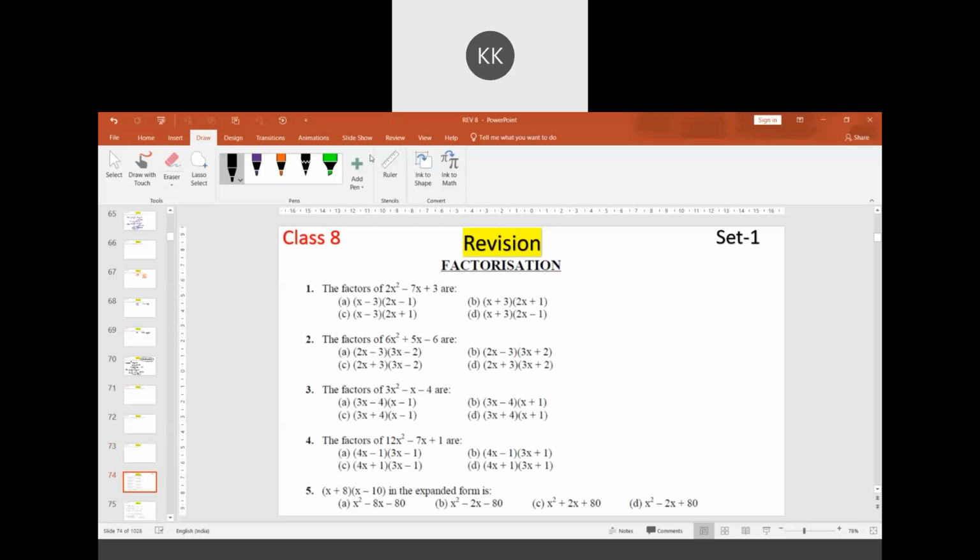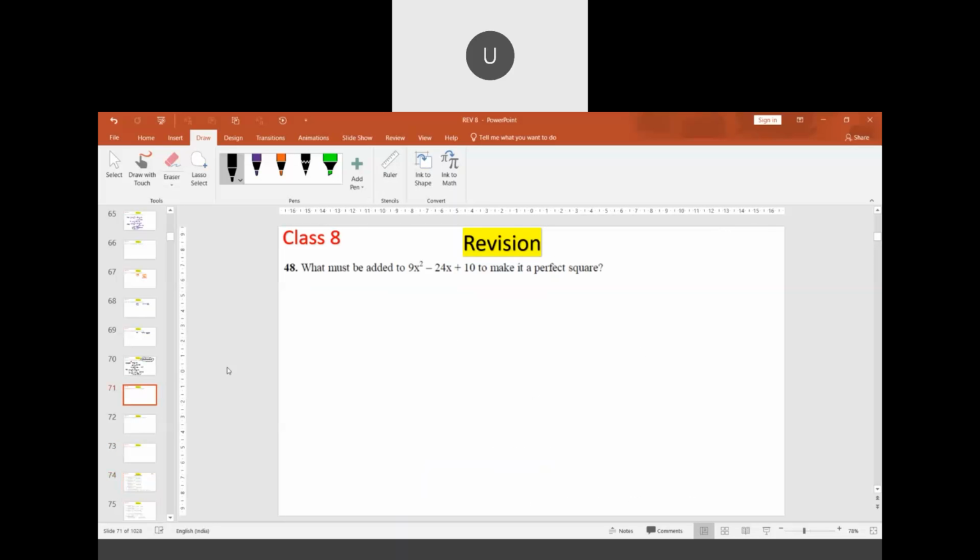Sir, I have a question. We are solving only a plus b and a minus b whole squares. Only these two identities we are solving in practice here. What about other identities like a plus b plus c whole square and a plus b whole cube?